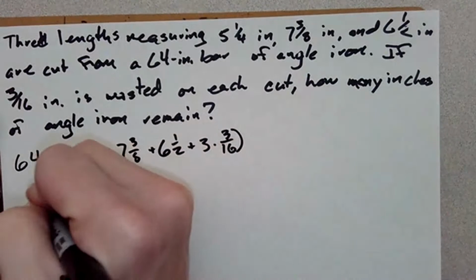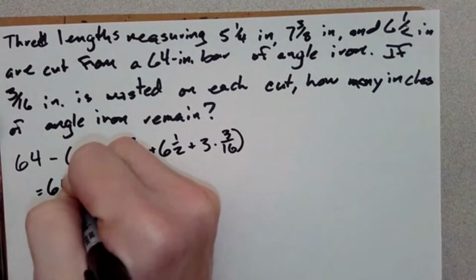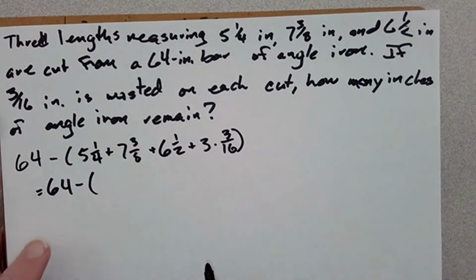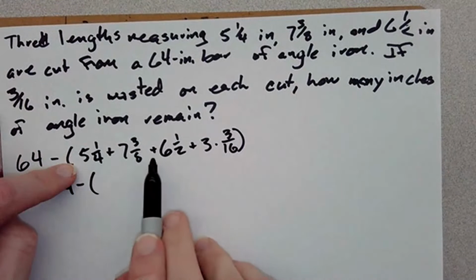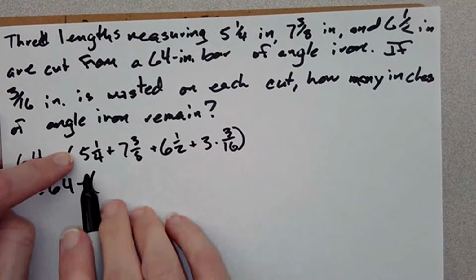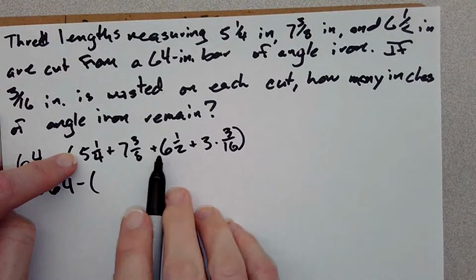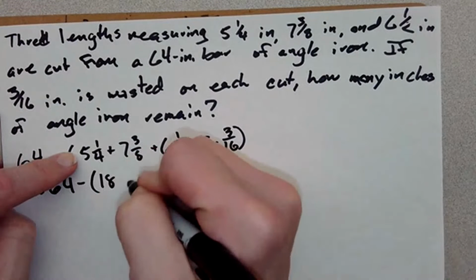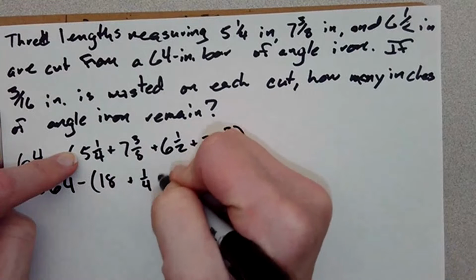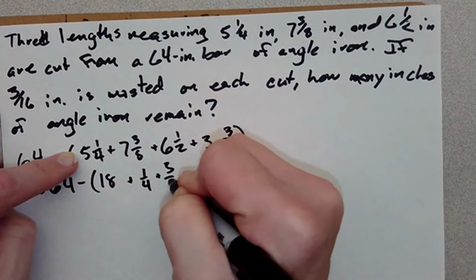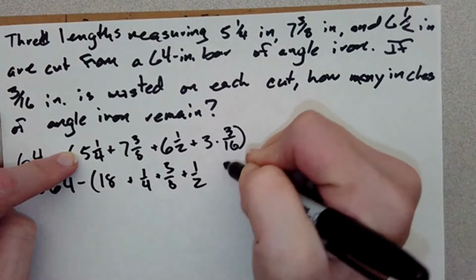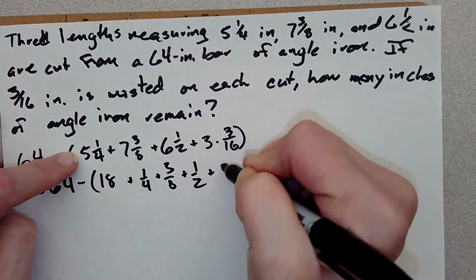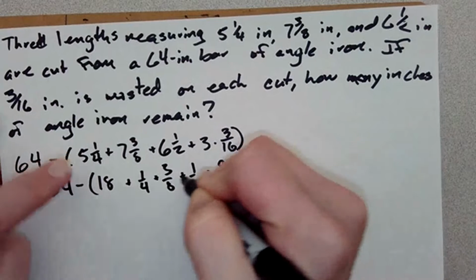Okay, so that makes 64 minus, I'm going to add up my whole numbers here. 5 plus 7 is 12, plus 6 is 18, plus 1/4, plus 3/8, plus 1/2, plus 9/16.